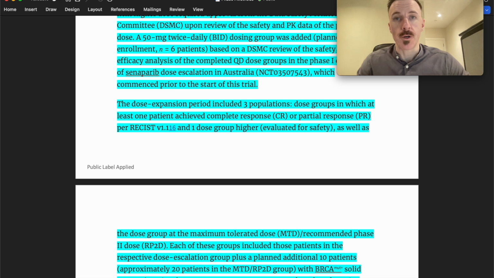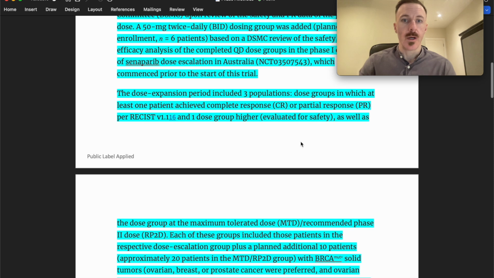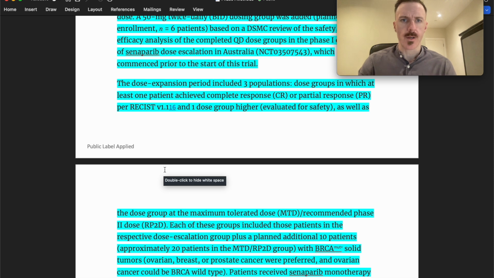This phase usually includes patients from the dose escalation phase, as well as potentially additional participants to expand the data set. Specific populations of interest are often also targeted, such as those with a specific genetic mutation or specific tumor types. And we see in this study, the authors ticked all these boxes.